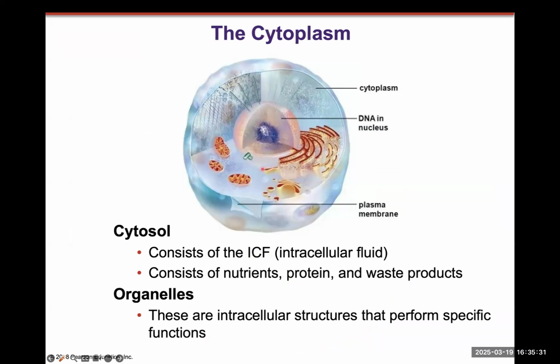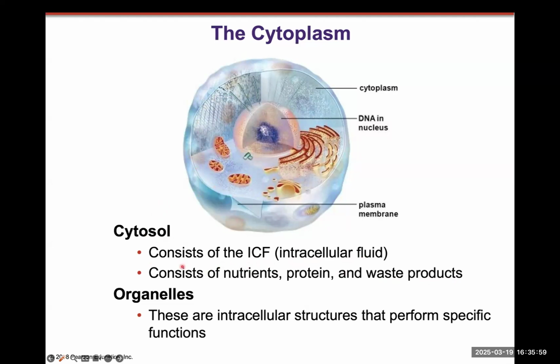So we said that there's cytosol, that is the fluid, and the intracellular fluid is going to contain your dissolved chemicals, your nutrients, your glucose, your proteins, the waste products. So all that is dissolved in this fluid, cytosol. And ICF stands for intracellular fluid, within the cell.